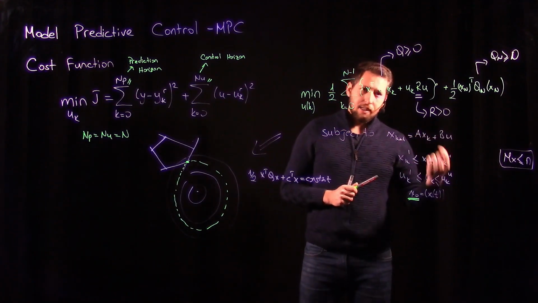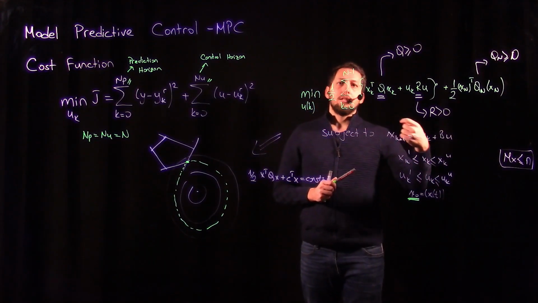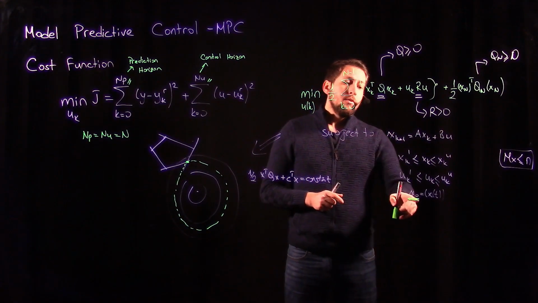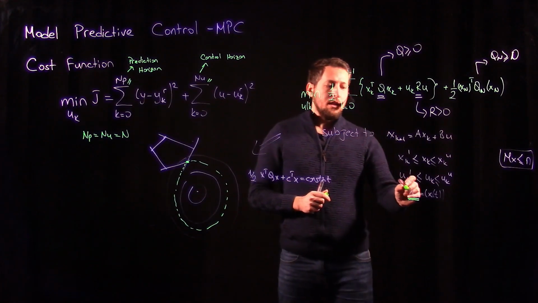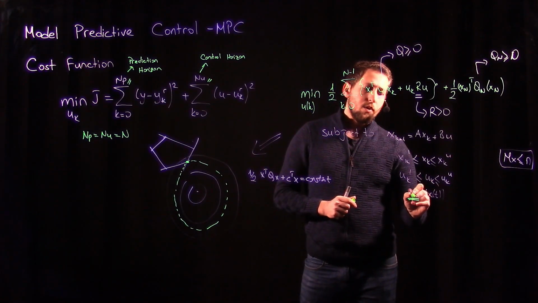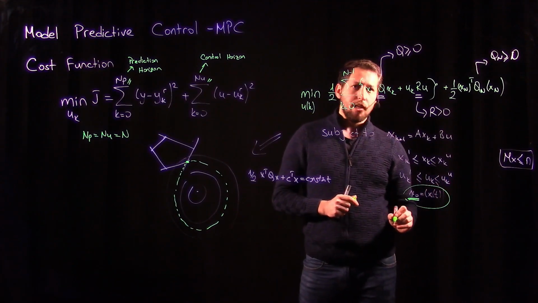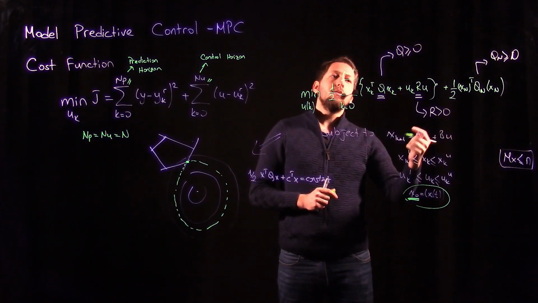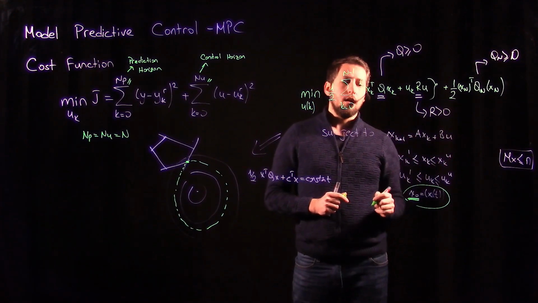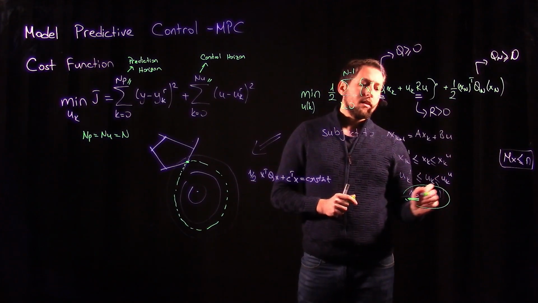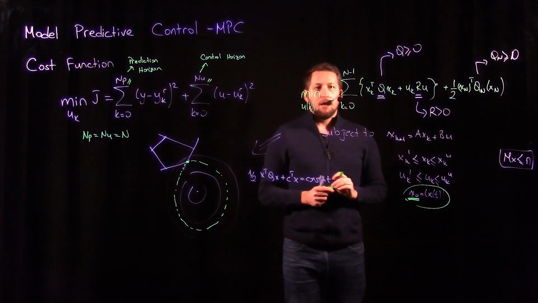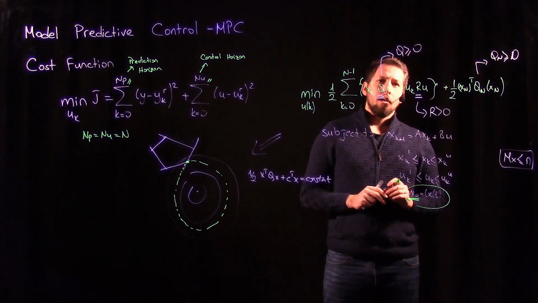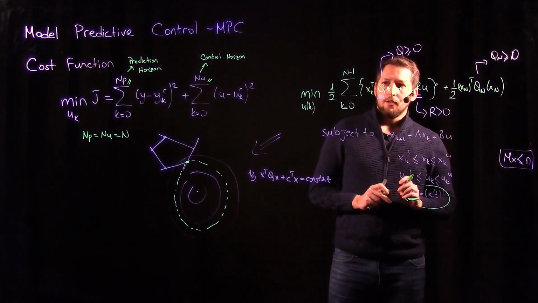And then in the next run, let's say now t is equal to 1, not 0. I have new x values here. So I need to use these new x values as initial values, and then execute the problem again, solve it, find new u values, and apply the first one out of it. So this basically creates a link between the system output and my problem formulation here. And this is quite important.